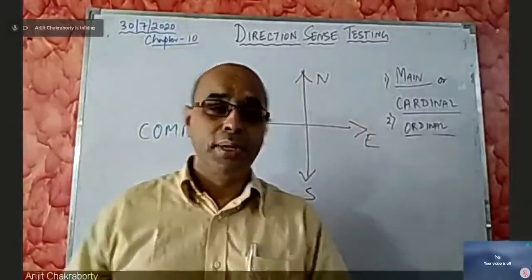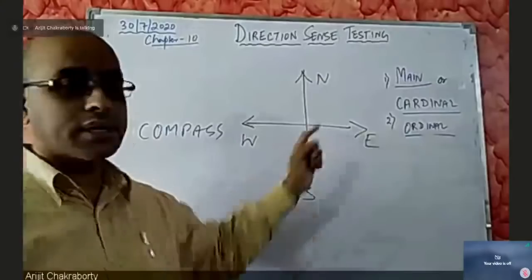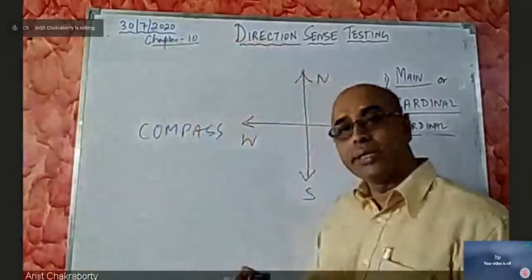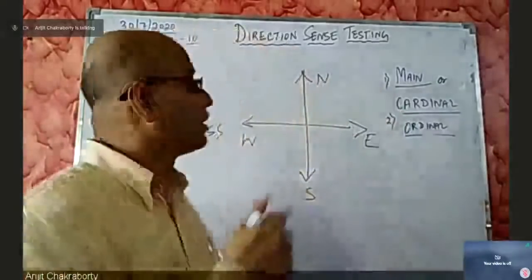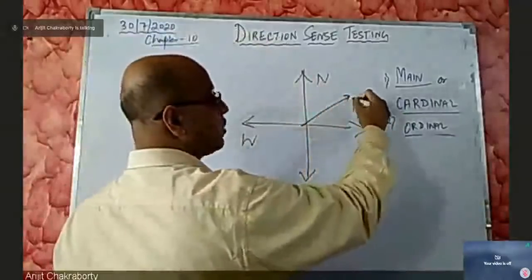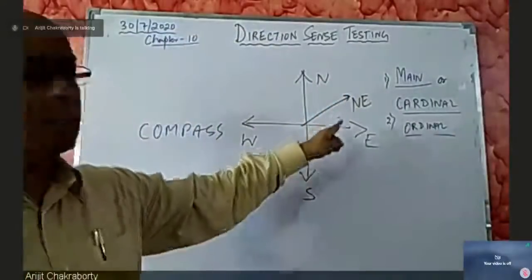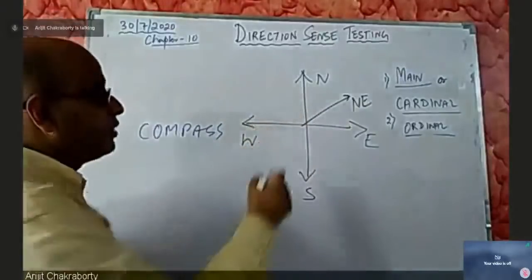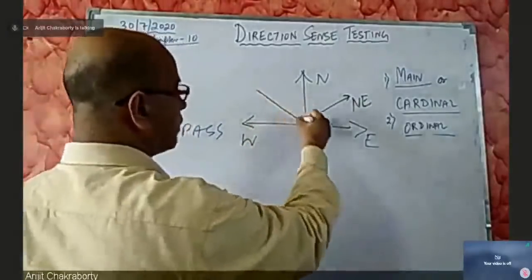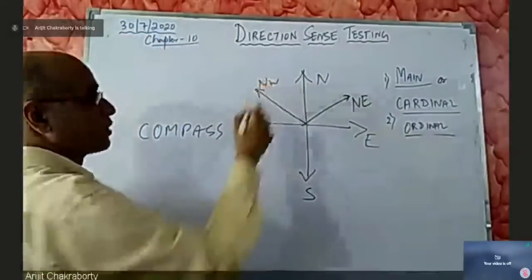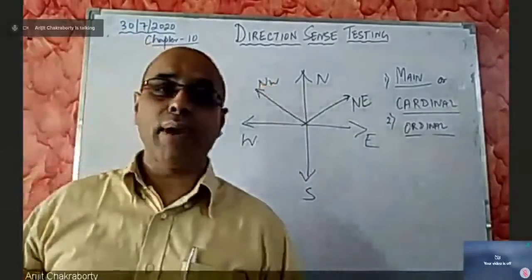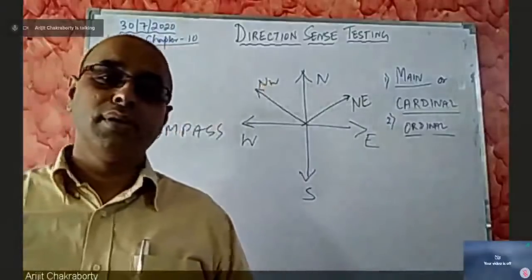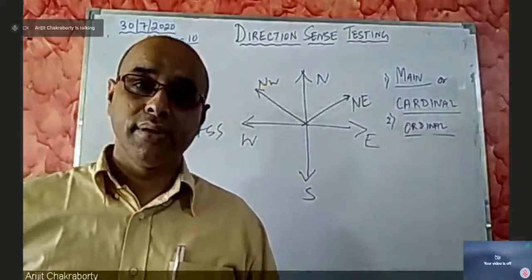Which means when you think of north and east, you have a direction in between. What is that direction? We will call it northeast. Between north and west, you have a direction, so we call it northwest.